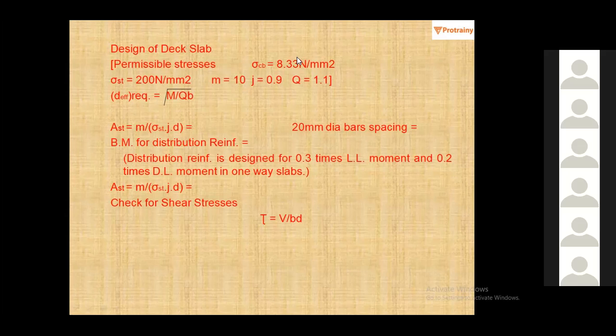So along with all these values, you have to check for D effective, right? Effective depth. We are going to find out the effective depth required: moment upon Q into B, under root. This is Q. B is always going to be 1 meter or 1000 mm. Take the under root and give me the answer. What is our D effective required?